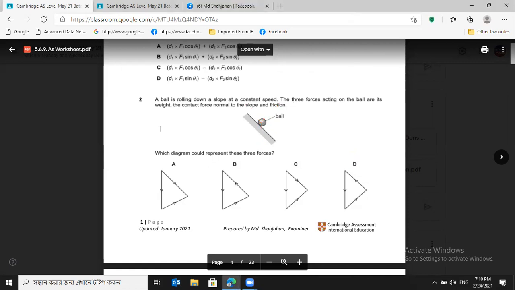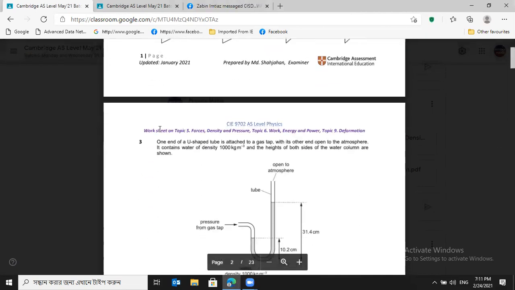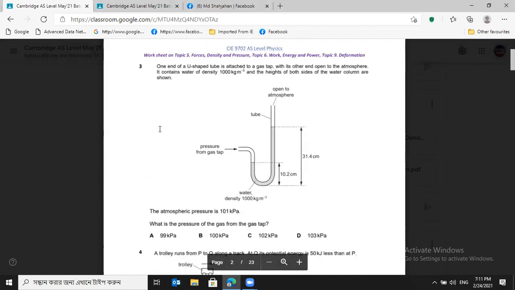You can do it. We did a similar question in O level also. Can you figure it out? What is the answer? Can you read it, Farhan, please?